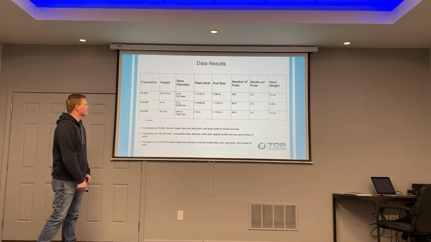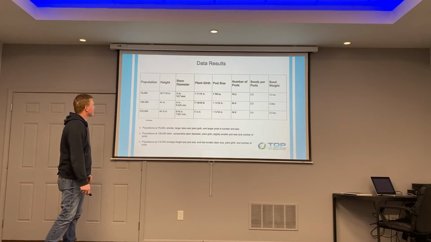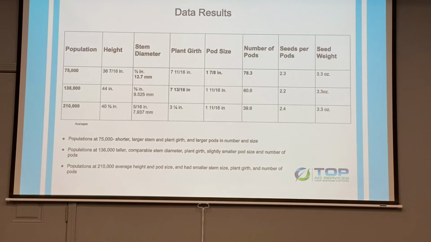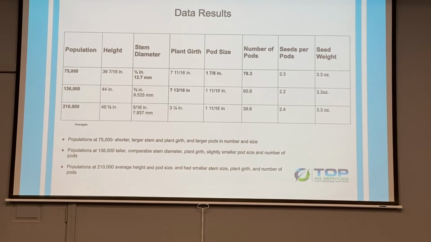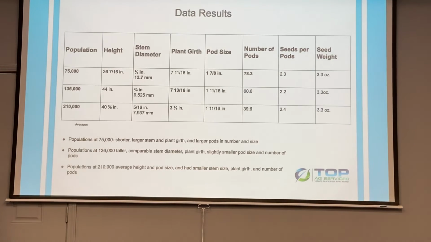When we added those up and got the averages, kind of a side-by-side comparison here, you see that the 75,000 population was a shorter plant with a thicker, bigger diameter stem. It was also bushier, had more girth, along with a greater number of pods and seeds, and greater pod length, compared to the other two. 136,000 was kind of in the middle, kind of average.